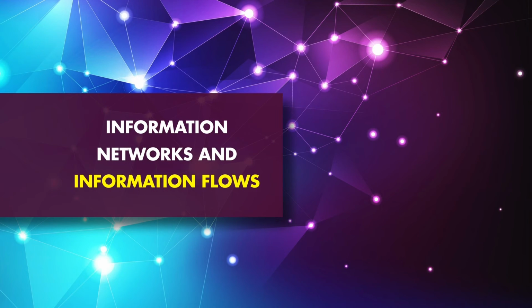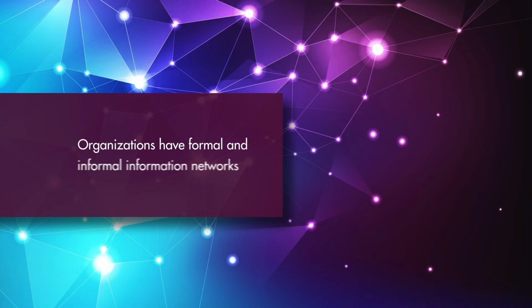Now, you know, information networks exist and information flows. Institutions, organizations have networks which are both informal and formal. We have just shown you an example of INFLIBNET. Similarly, there are informal information networks also. Basically, one is always in need of information, and that need needs to be satisfied.